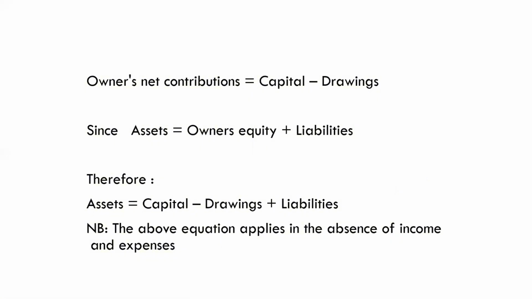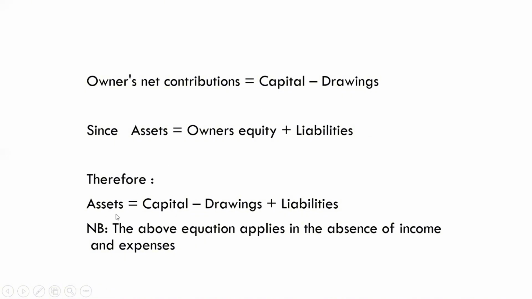Okay, so your owner's net contributions is your capital minus drawings. So capital, what he put into the business, minus drawings, what he took out of the business. And since assets equals owner's equity plus liabilities, this is our basic accounting equation, we can now substitute owner's equity with capital minus drawings.